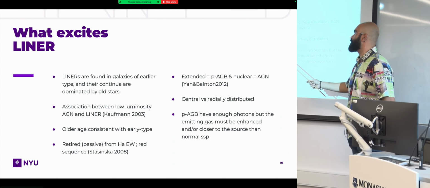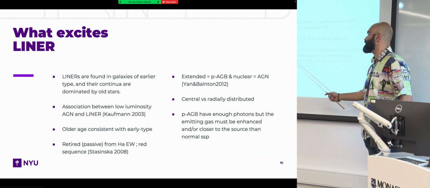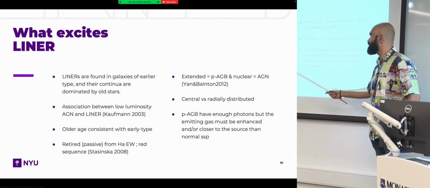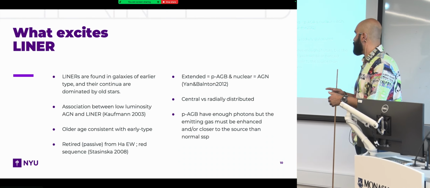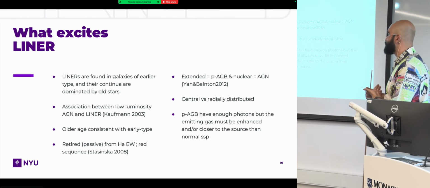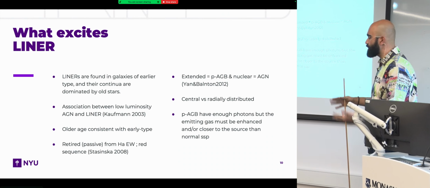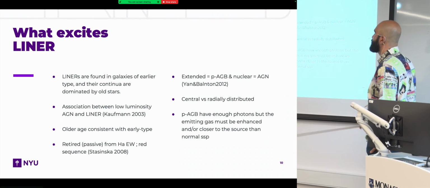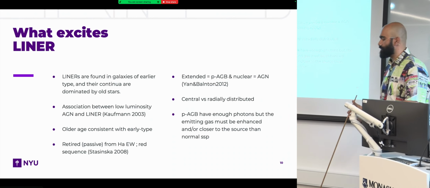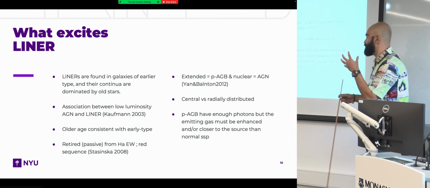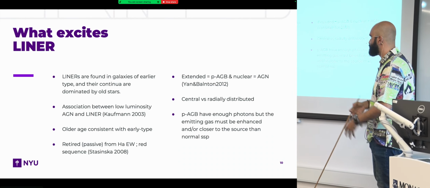Because LINERs were found in earlier type galaxies, and because LINERs have some resemblance to AGN spaxels through the hard SED that produces the line ratios, through the X-ray and radio and such, it was thought that both belong to AGN, and so they belong to earlier type galaxies, but are probably classified as AGN.